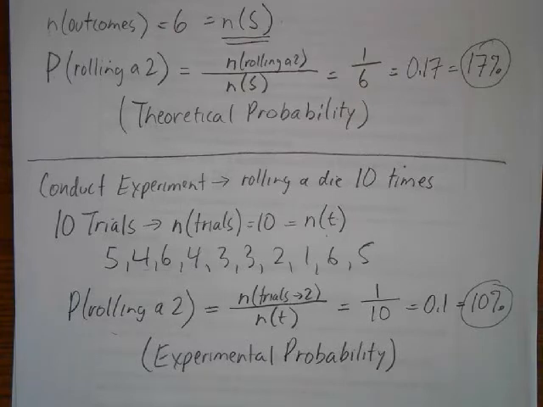Okay, now the third type of probability was the subjective probability. So somebody might ask me, what's your gut feeling about your next roll? What do you think the probability of your next roll being a 2 is? And I might say, well, I just rolled a 2 3 times in a row, so I'm feeling pretty good about this.